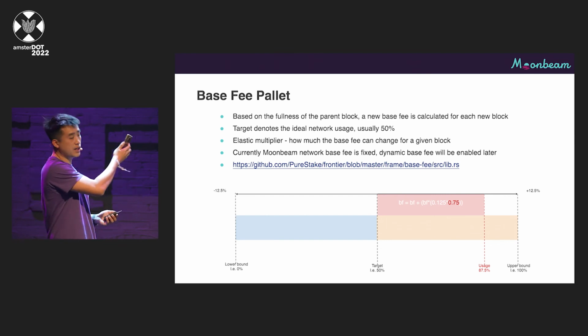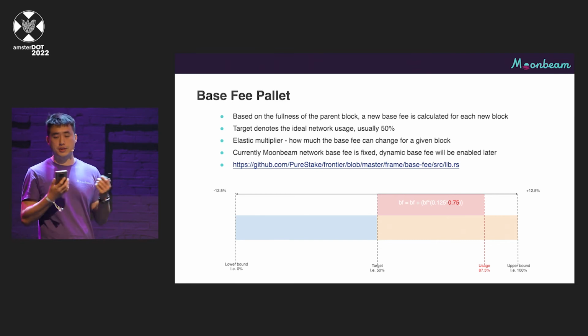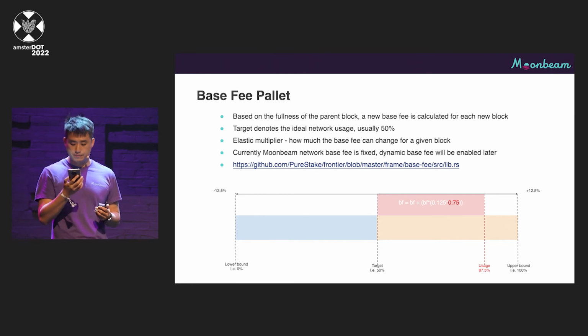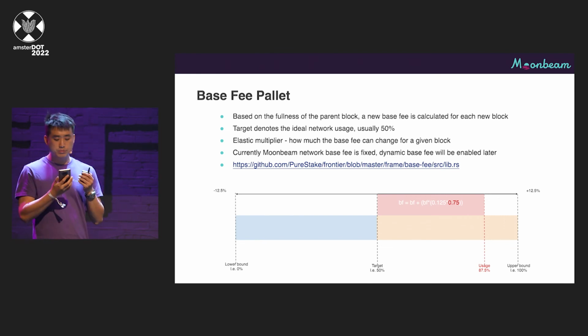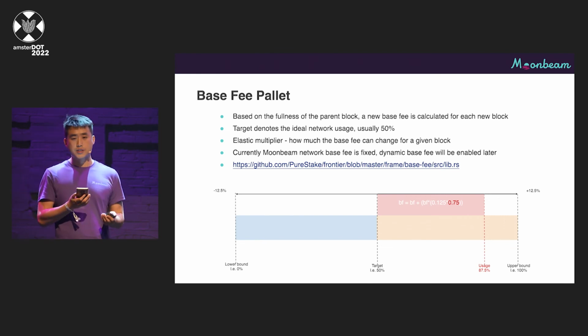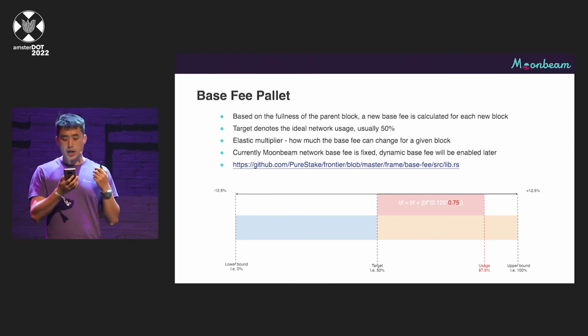And if you move to the left from the target, it will move towards 0%, which means an empty block. Currently, the Moonbeam network base fee is fixed at one gwei, but we're planning to enable the base fee to float in a future runtime update.